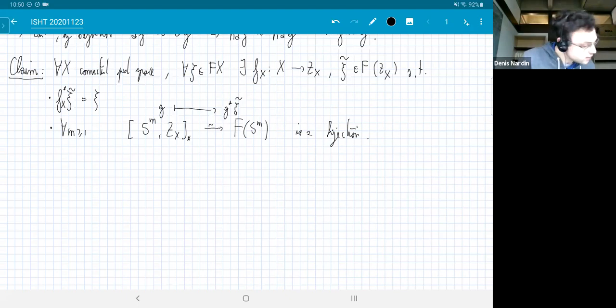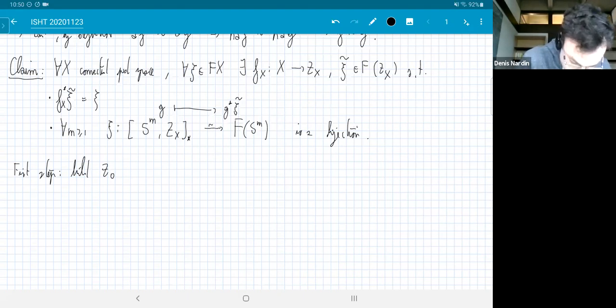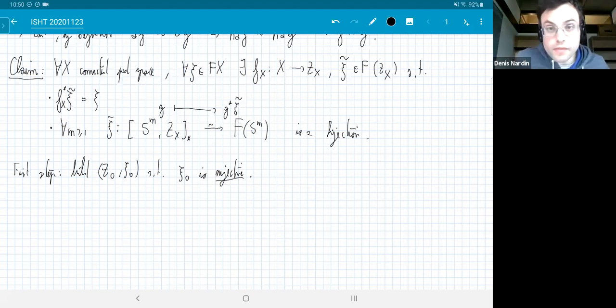Well, first step, build Z0. I call this map, by the way, xi tilde, xi0, such that xi0 is surjective, so to speak. And there is an obvious way of doing it.